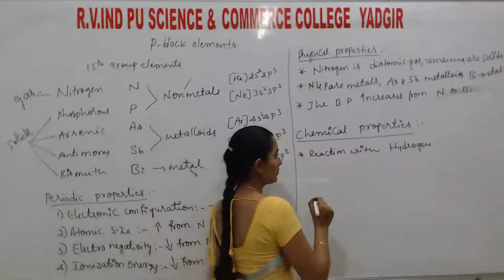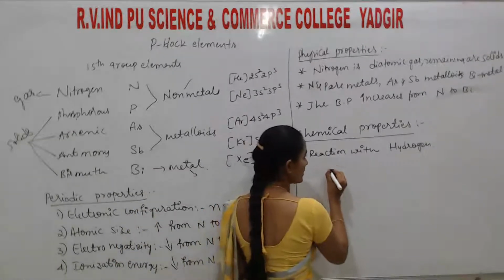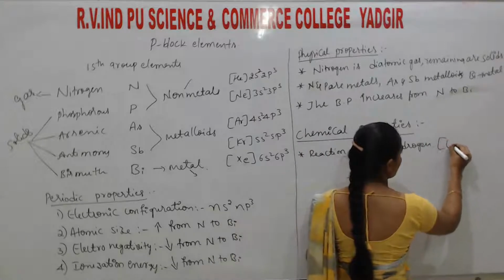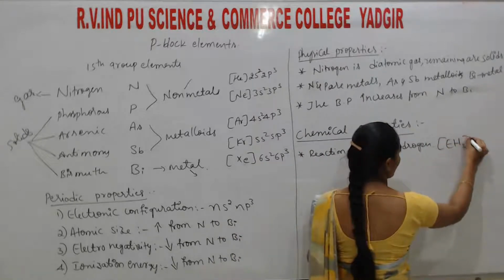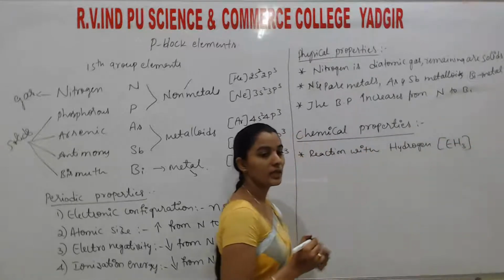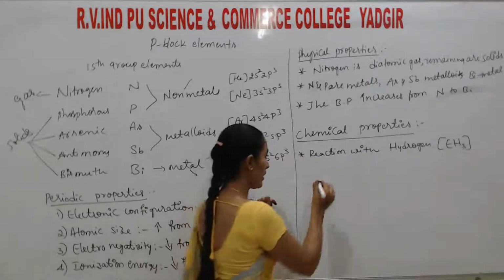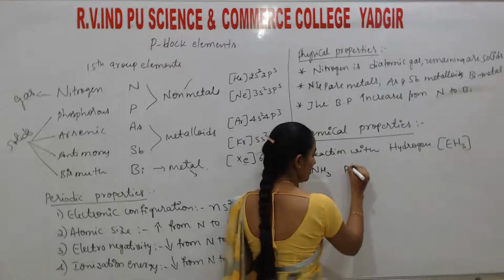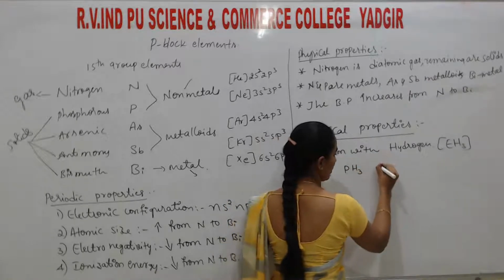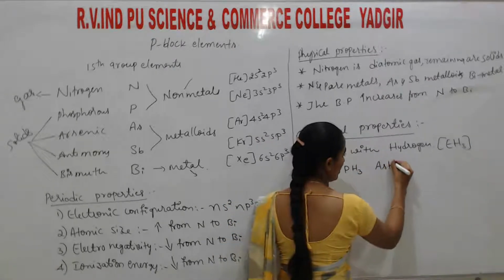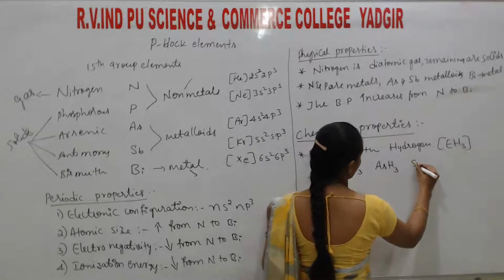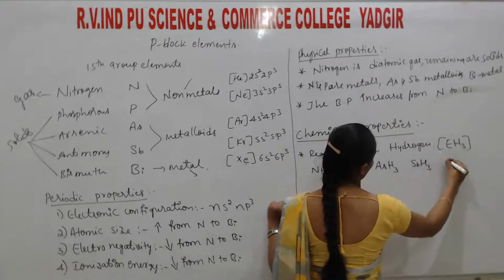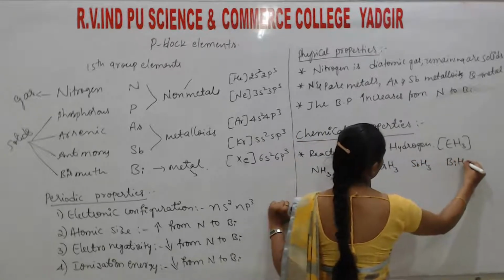And right here, in this reaction with hydrogen, they form compounds of the EH3 type. EH3 type. And right here, that is NH3, PH3, AsH3, SbH3, and BiH3.